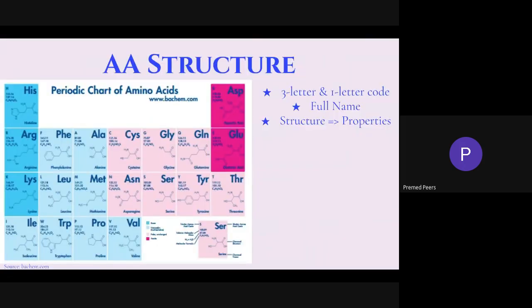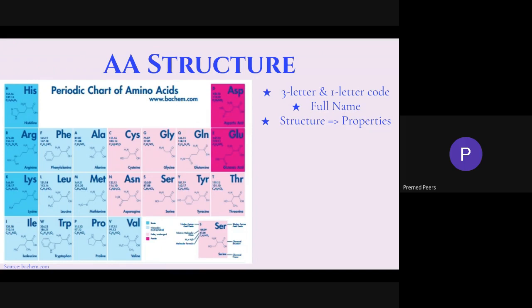So if you don't remember some of these very important things, which I have listed right here, they are not provided on the day of your MCAT. So it will be good for you to memorize this information, including the 3-letter and 1-letter codes, the full names, and some of their structures.